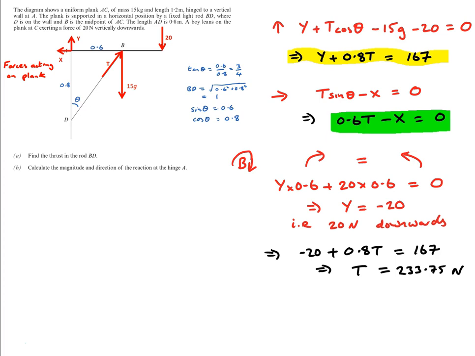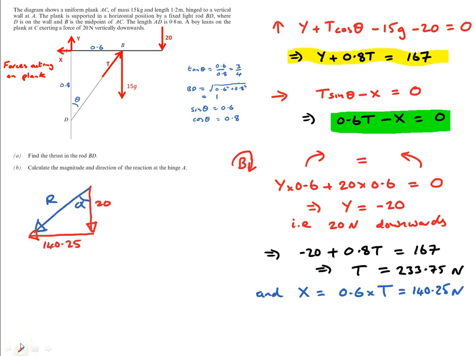So x is equal to 0.6T, which is 140.25 newtons. So the reaction at A can be regarded as being the resultant of a downward vertical force of 20 newtons and a horizontal force of 140.25 newtons acting to the left.